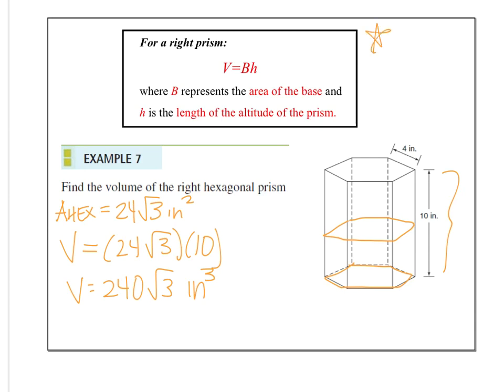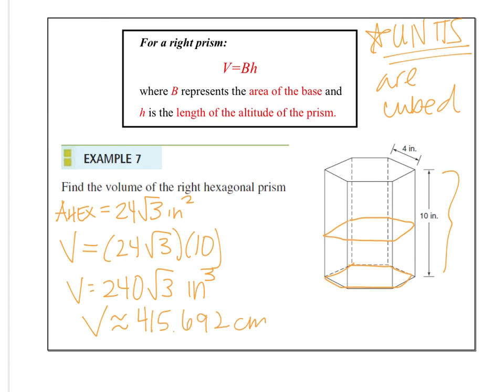It's very important that we remember our units here are cubed, so they're raised to the 3rd power. Or we could think of our volume as 415.692 inches cubed. So keep in mind, area: units squared. Volume: units cubed.